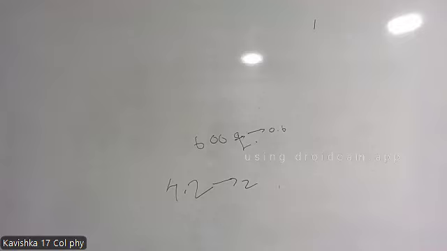Then do the fourth one. Second one answer 3, right? 3 kg ms minus 1. Do the fourth one and put the answers.